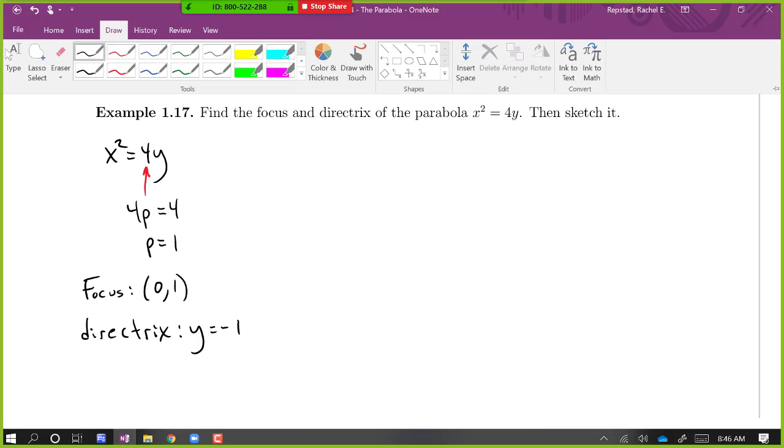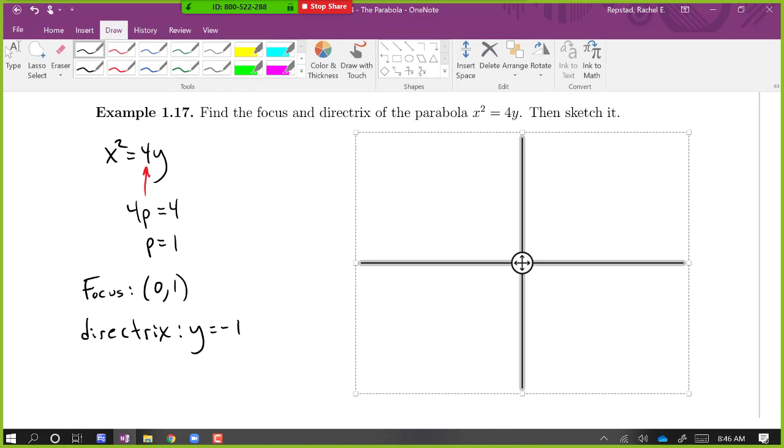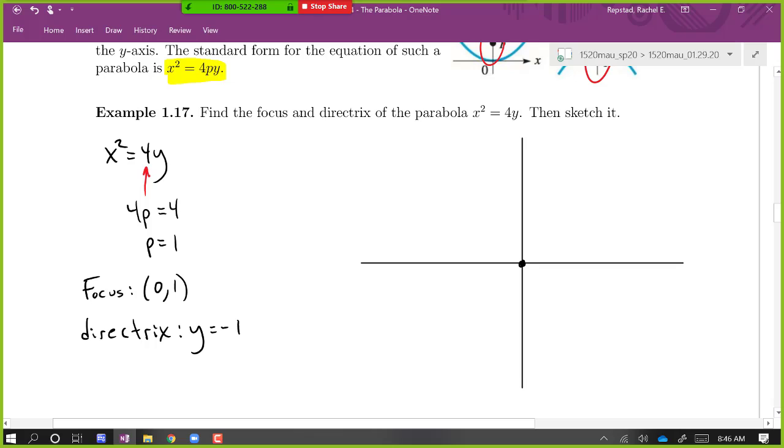And if we sketch it, there's our vertex, our focus is 0, 1, our directrix is y equals negative 1.